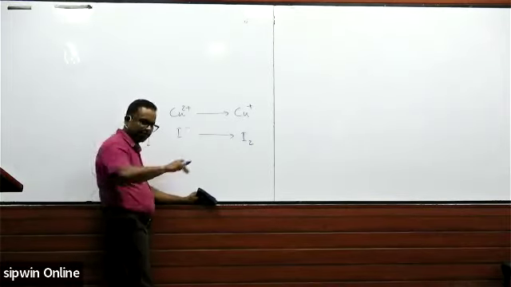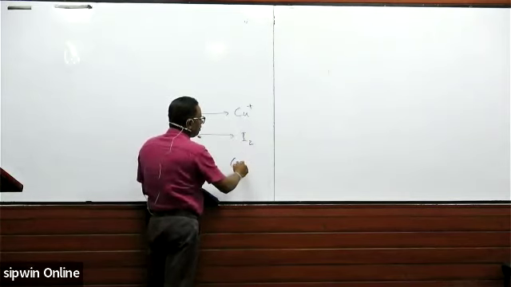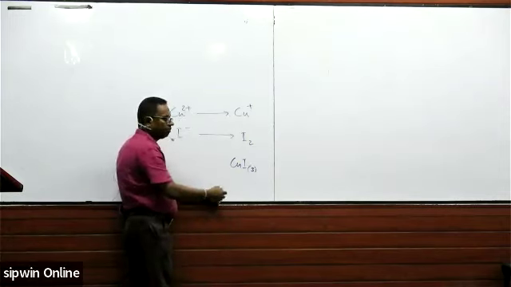You have heard this, remember? Copper plus with iodine produces CuI, a solid white precipitate.